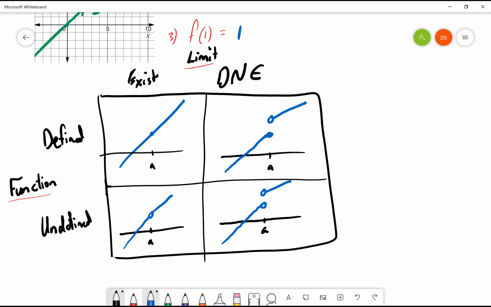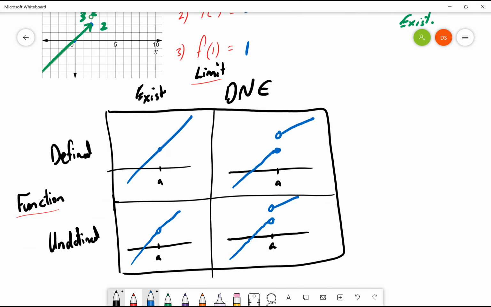If there's a colored in blue bit, then it's defined. But the existence solely depends on whether, if that hole was filled in, it would be the same point for both of them.